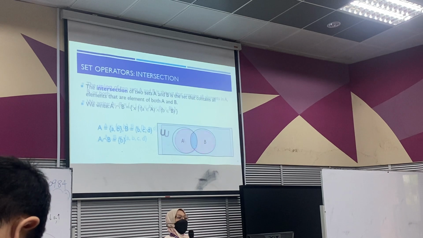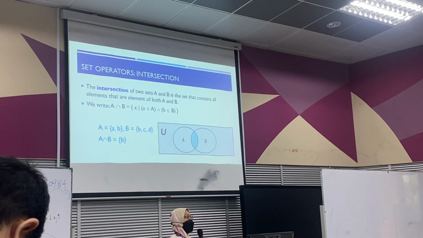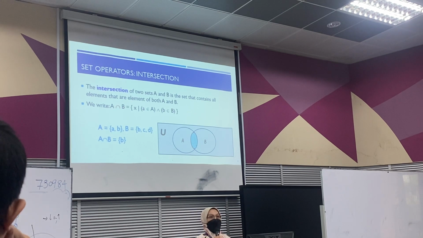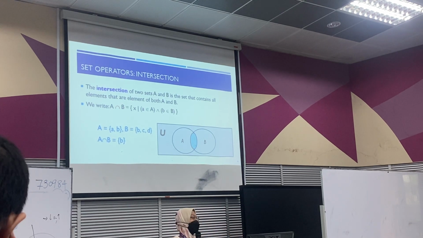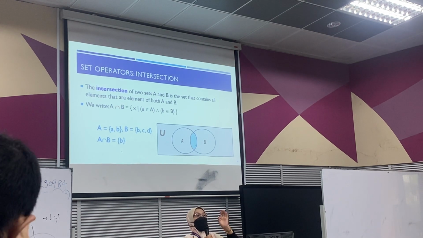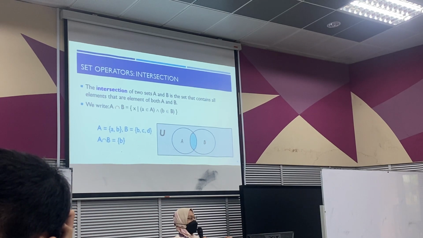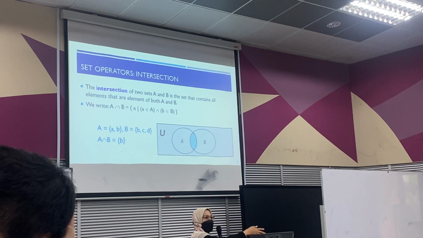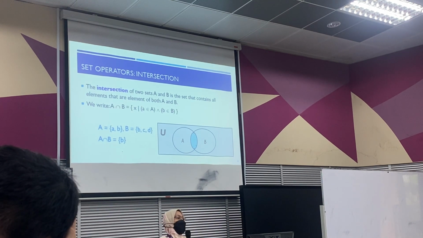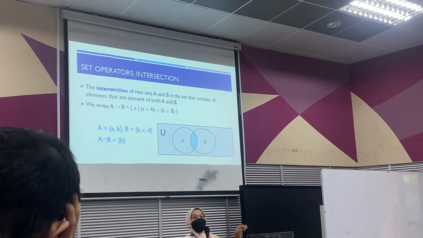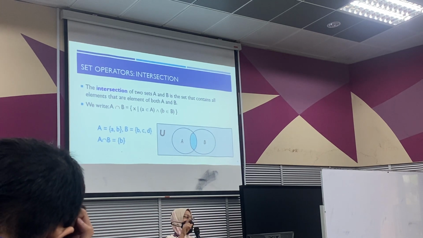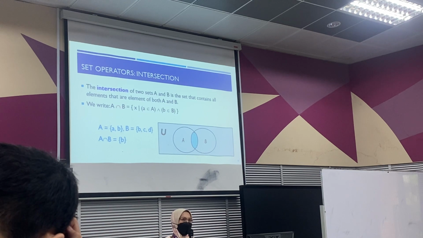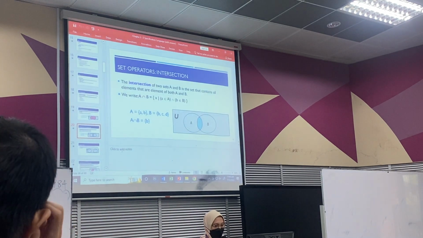For the intersection, normally you want to show something in your condition. Let's say those who occupy the bed cannot be on the waiting list. So it means bed intersect with waiting list must be equal to empty set.